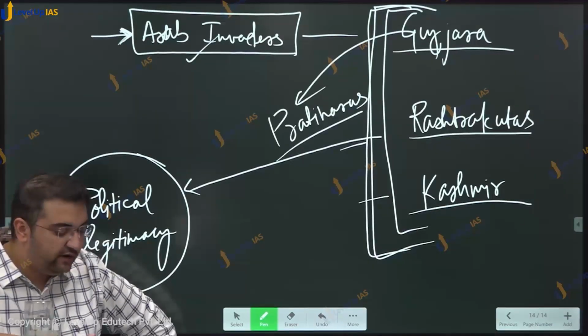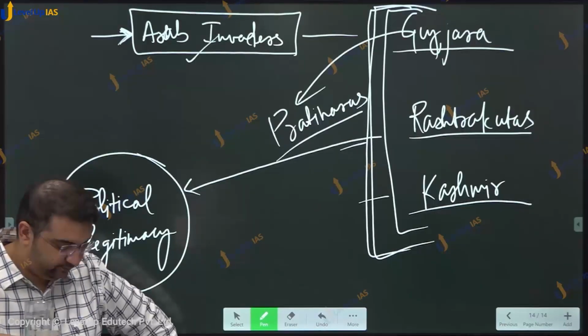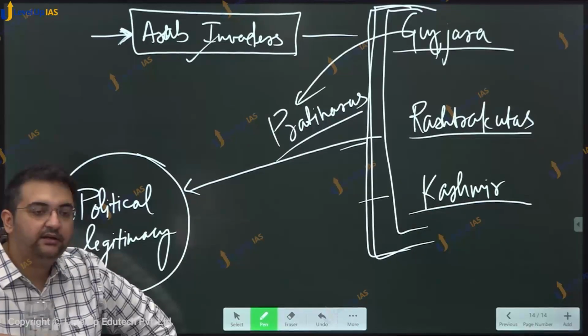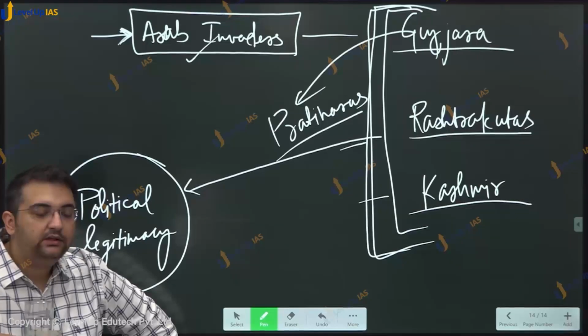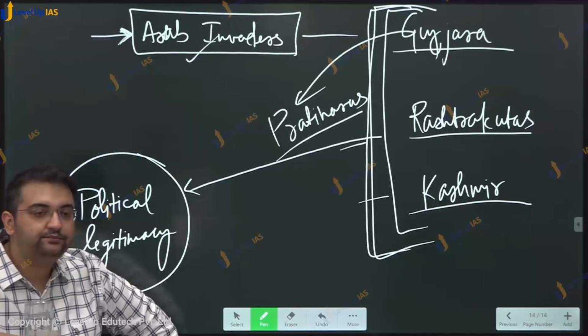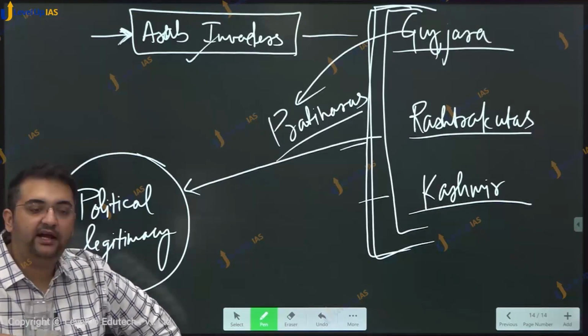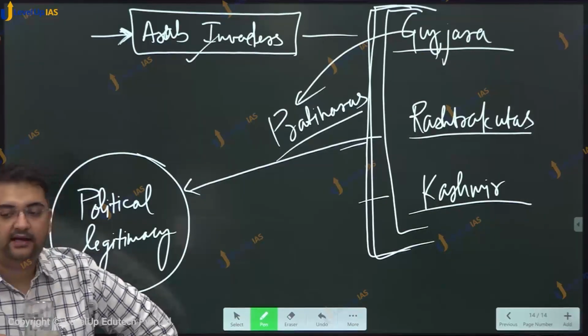Three centuries of Arab rule irreversibly altered the course of history and left an indelible mark.